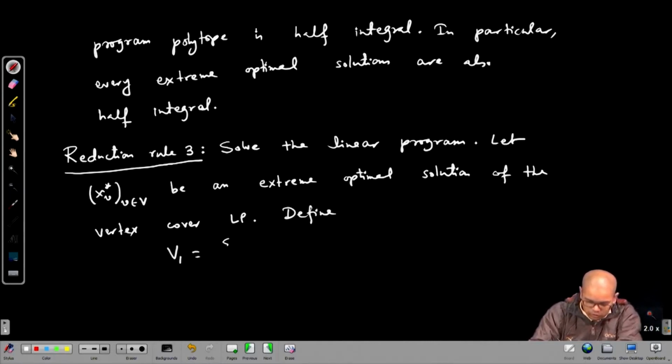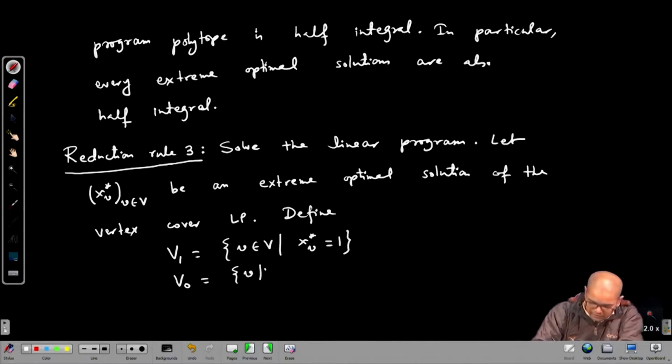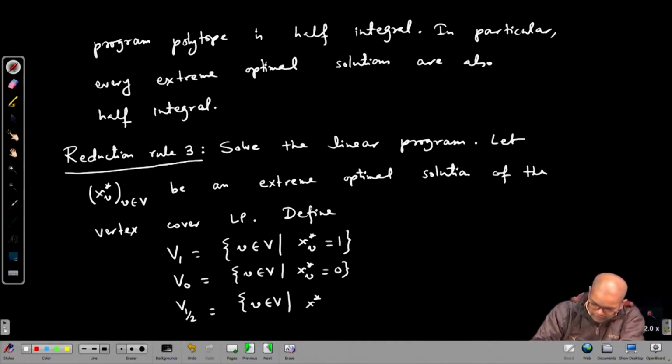V1 is all those vertices such that x star v is 1, V0 is all the vertices in V such that x star v is 0, and V half is all v in V such that x star v is half.